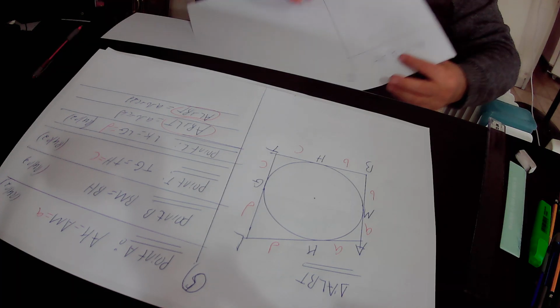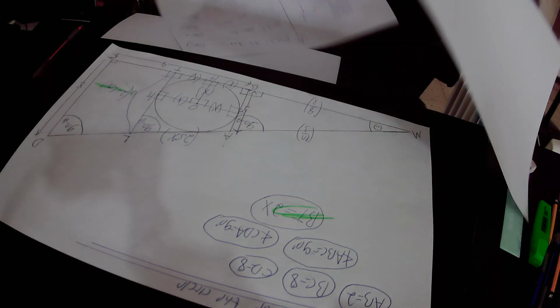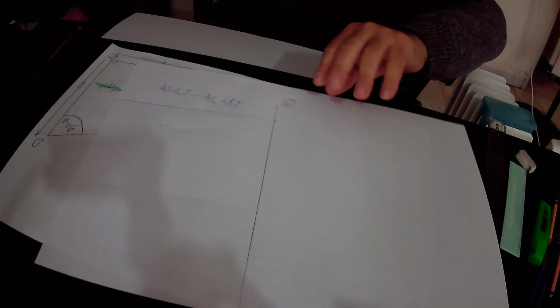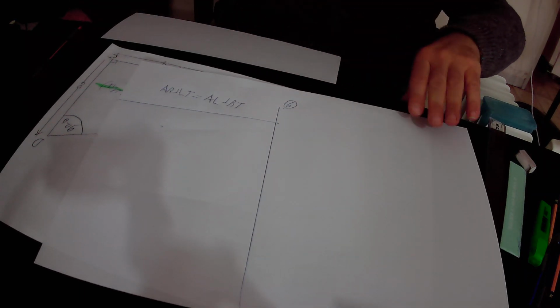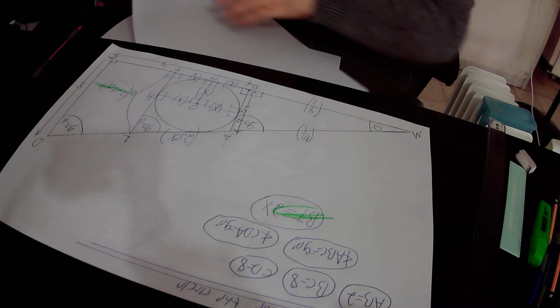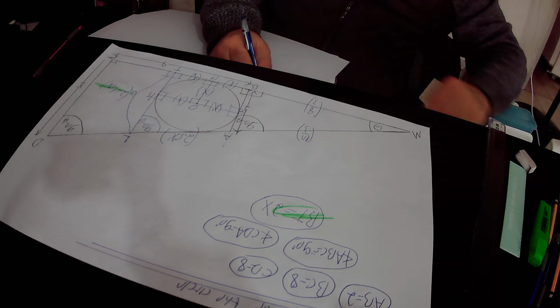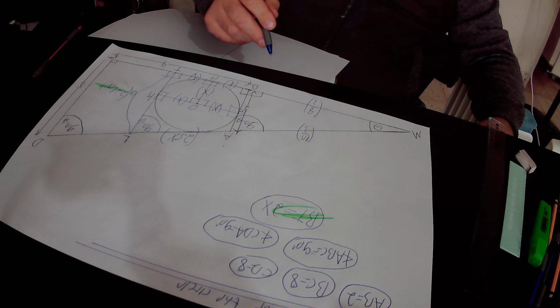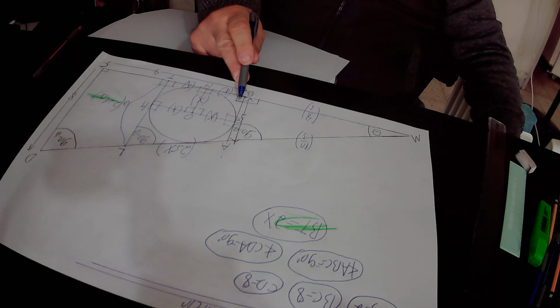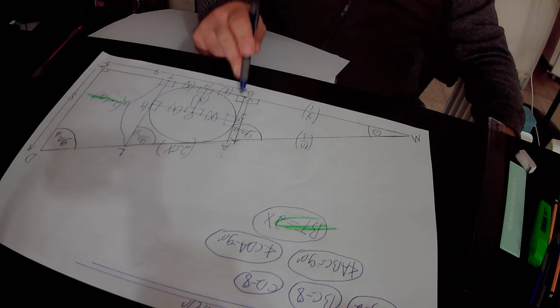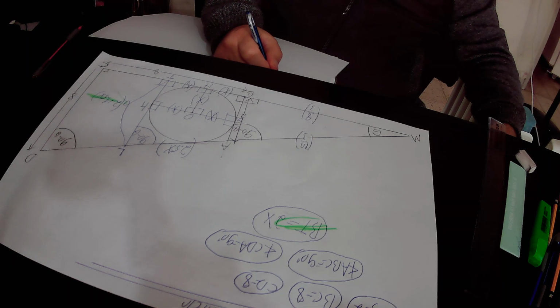Repeat again. We found out that AB plus LT equals AL plus BT. AB equals 2 units in itself, therefore we substitute AB by 2.